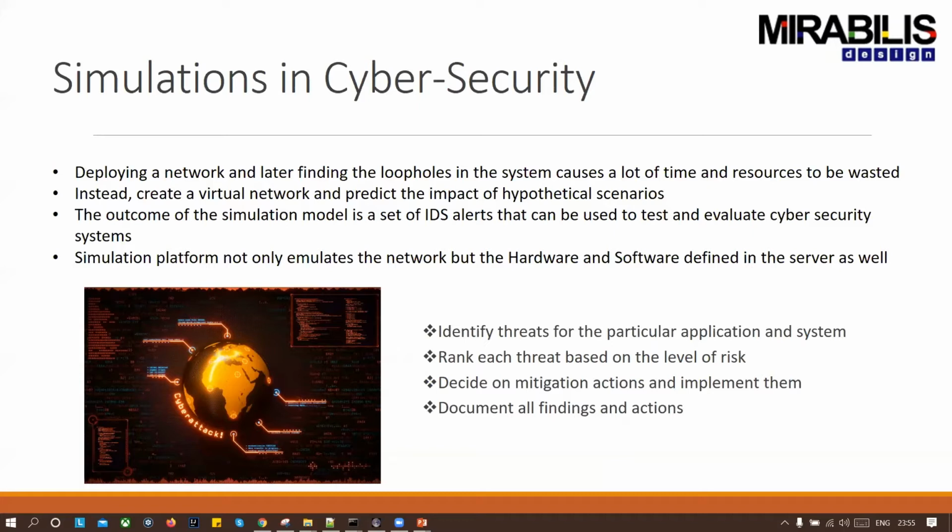At the same time, you can also see the quality of the security software. Now, it is possible to create a virtual network and predict the impact of hypothetical scenarios. So you can see what can happen before it happens.